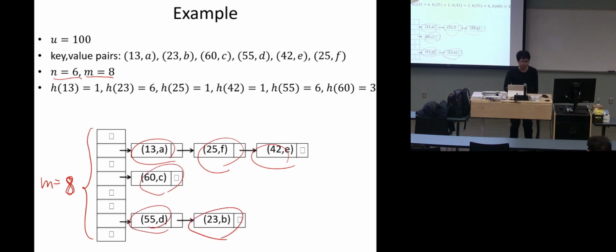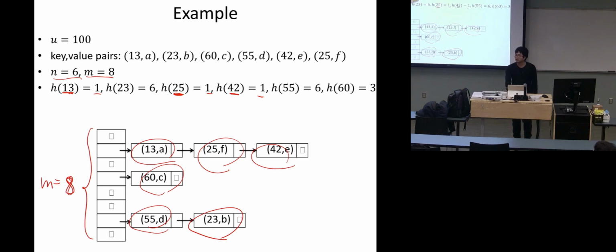If somehow my random function maps this guy and this guy, they are all mapped to 1, right? So when I insert them, I just put them into this list. When I delete them, I just delete from this list, and so on. Very simple structure, assuming that I have a random function.